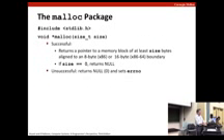Now the allocator in C is provided by the standard C library in a set of functions called the malloc package. The malloc function is used to allocate memory, and it takes as input a size argument, which is in bytes. Okay. And then it returns a pointer to a memory block that contains at least size bytes.